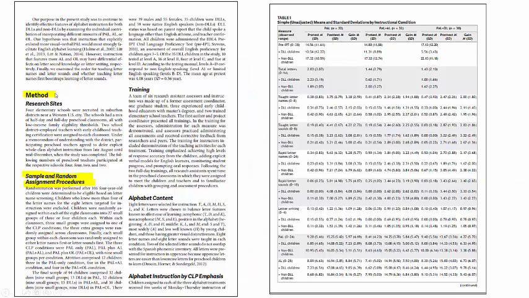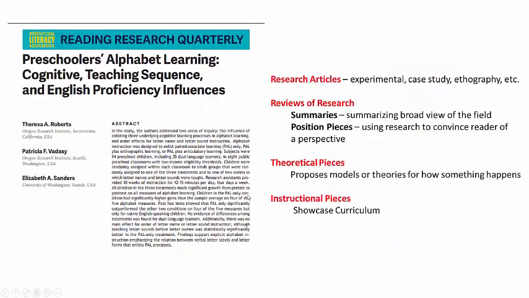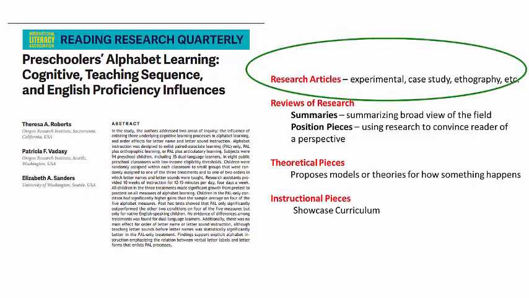And as we look at their article, we see methods, we see samples, so how they picked their students. We definitely see data display just browsing through this article. So as we look at this article from the Reading Research Quarterly, we would identify this as definitely a research article. Make sense?